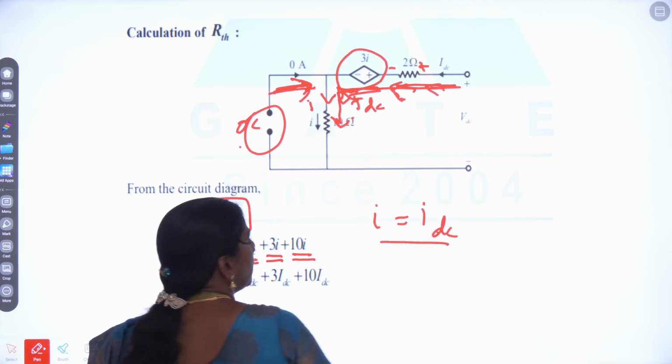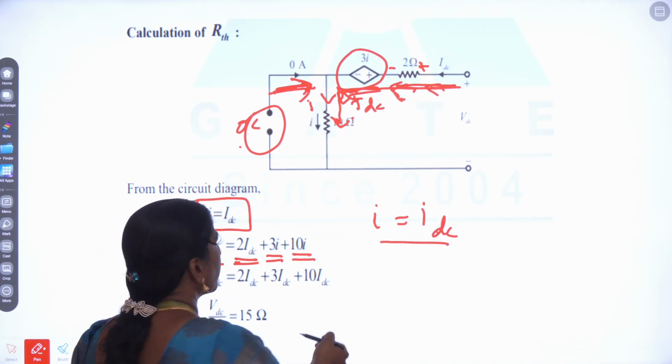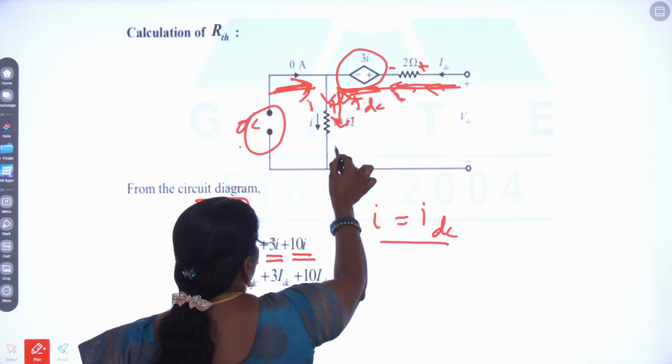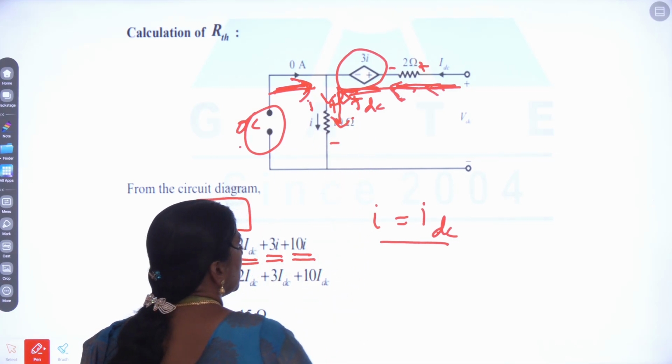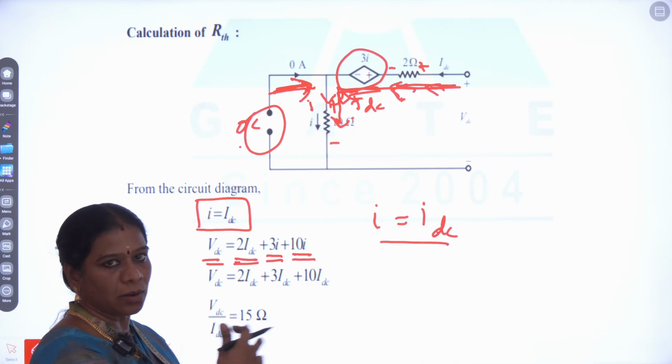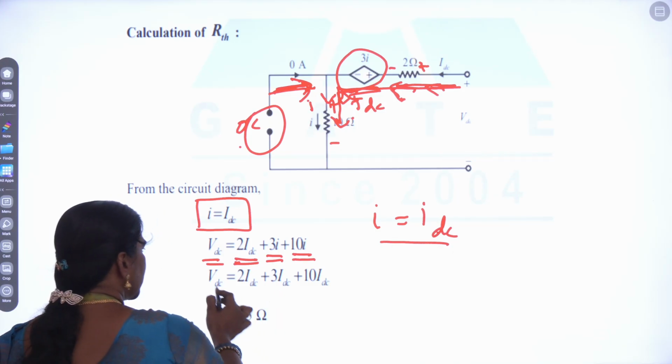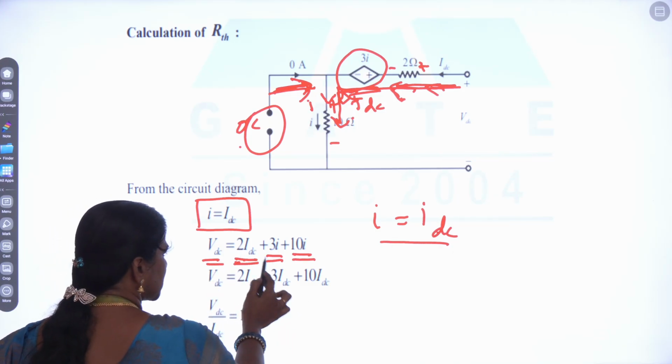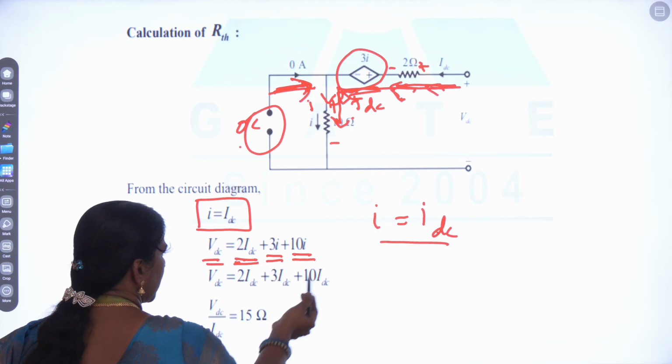Already there is a sign for our 3I dependent source, and when the current enters, this end is positive and this end negative. Opposite terminals are connected, so we can add the voltages. So VDC is equal to 2 IDC plus 3I plus 10I.